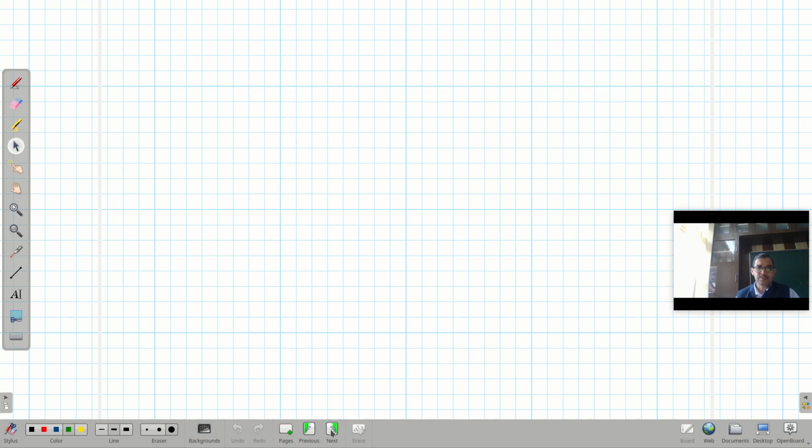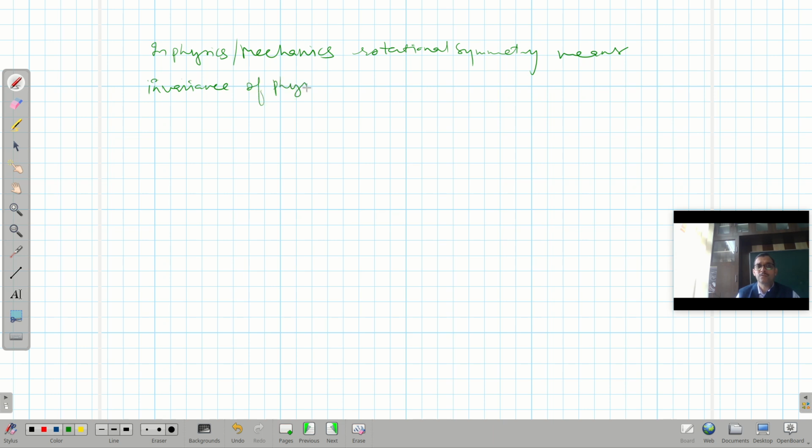Let me go to the next page. So in physics or in mechanics, rotational symmetry means invariance of physical law under rotation.